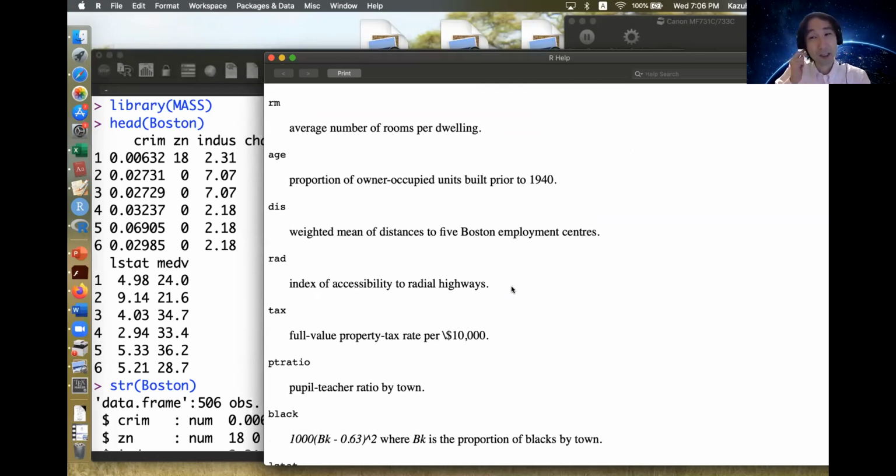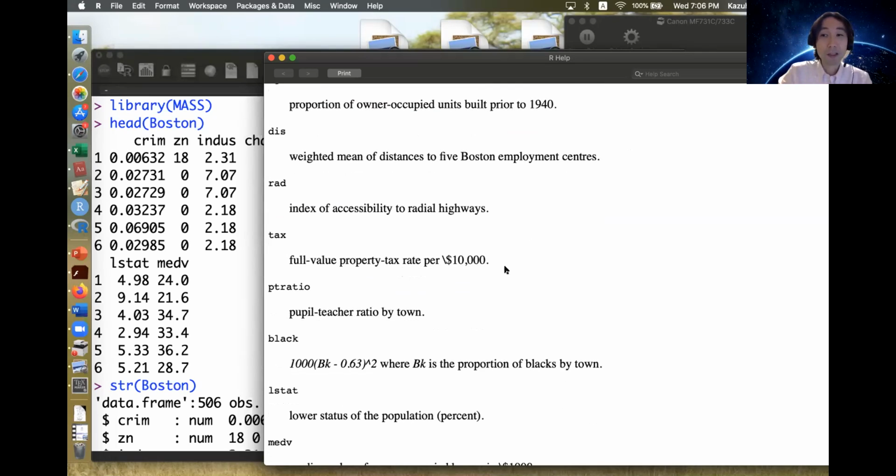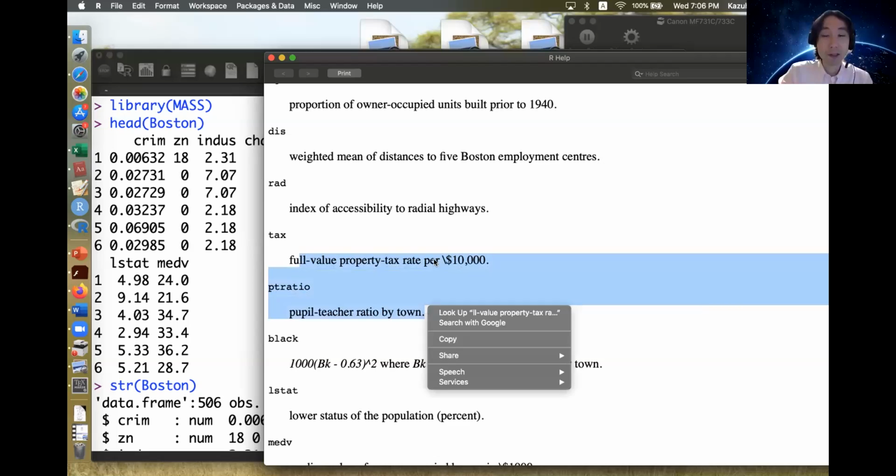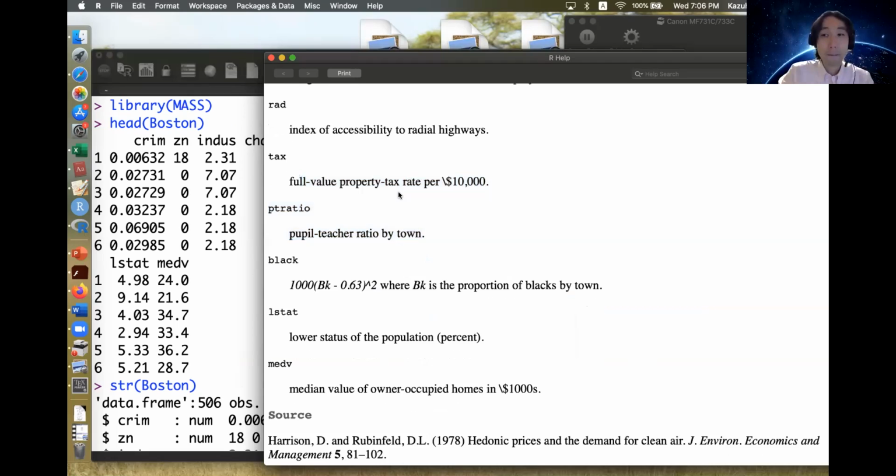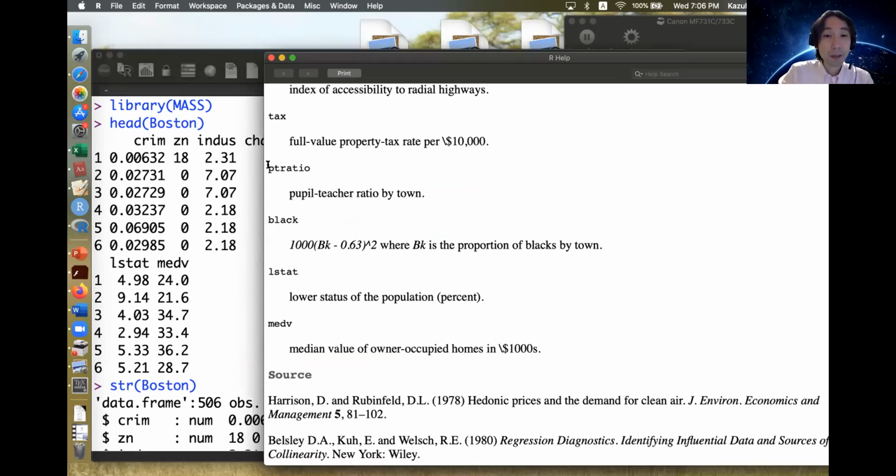So it's hard to say if it's a positive or a negative factor. It's more convenient if it's close, but the noise level is higher also. And TAX, the full value property tax rate. A lower property tax rate is of course preferable for buyers. And PTRATIO, the pupil-teacher ratio by town.